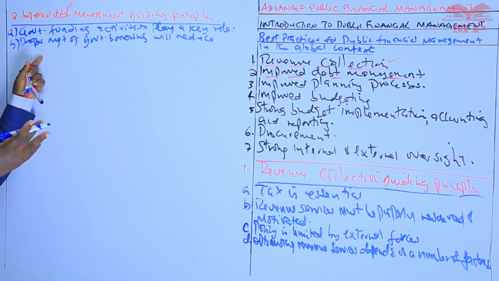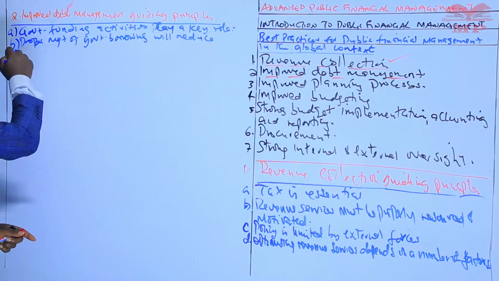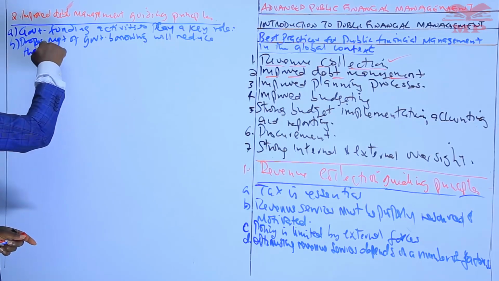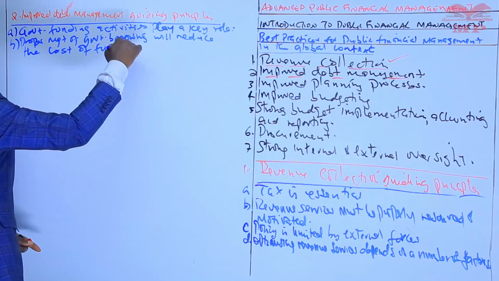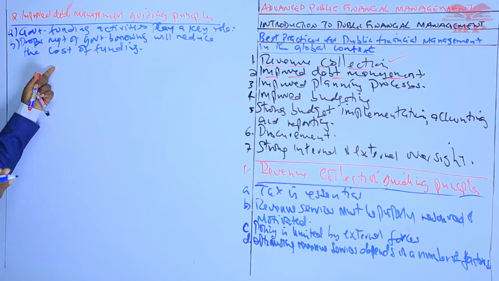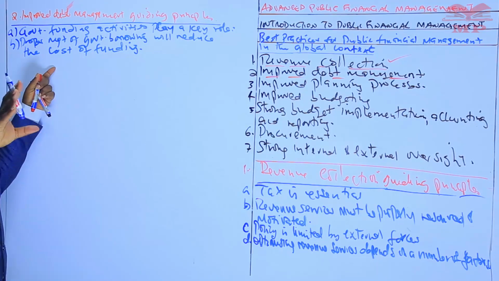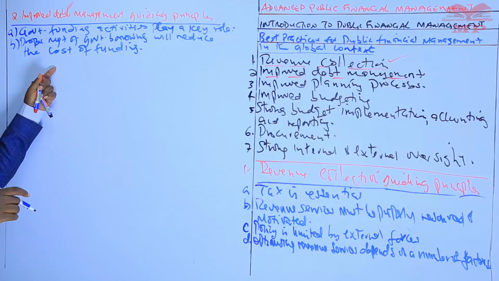Will reduce the cost of funding through reducing the level of risk and uncertainty associated with investing in government stocks.